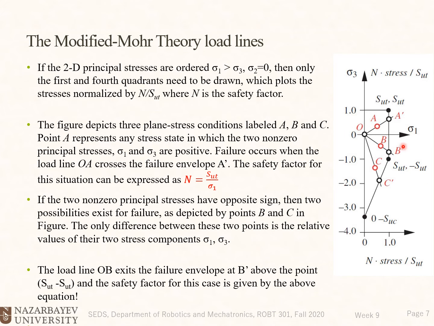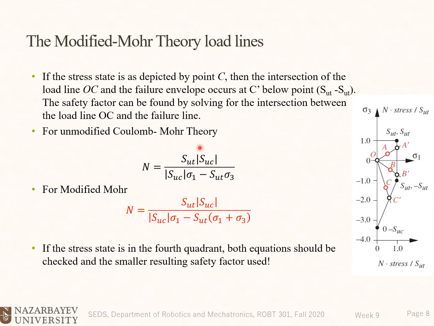So if B prime happens to be above the point SUT, minus SUT, this corner point here, then we could use the same formula. Now we need to investigate point C. If the stress state is depicted by point C, the intersection of the load line OC and the failure envelope occurs at C prime, below point SUT, minus SUT.